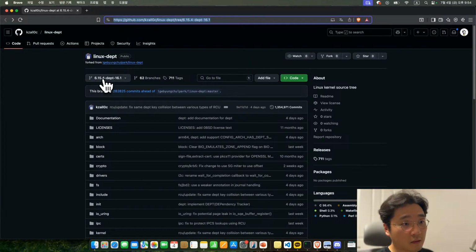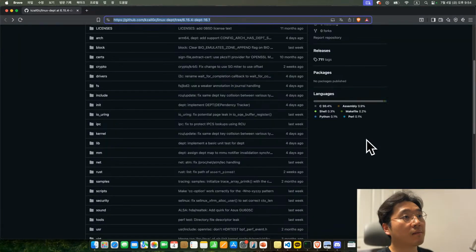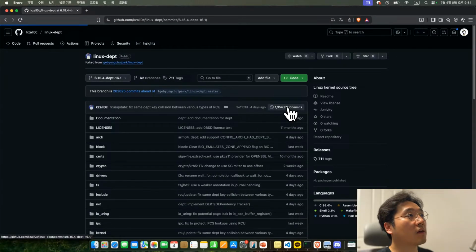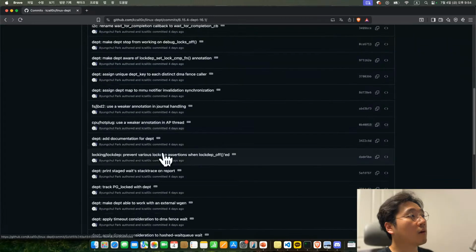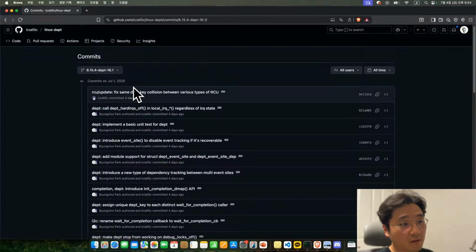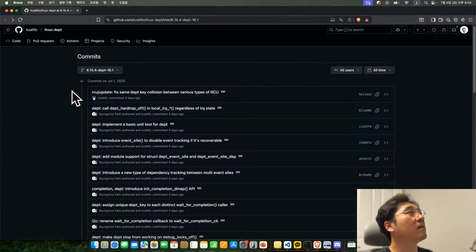These are rebased on the recent latest release, 6.15.4 of the kernel, so you can use it. There is some work from Byungchul, and the last commit is from me, right?